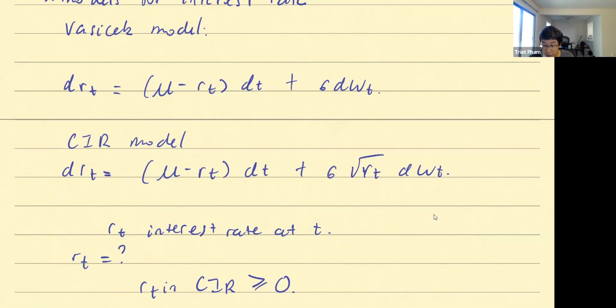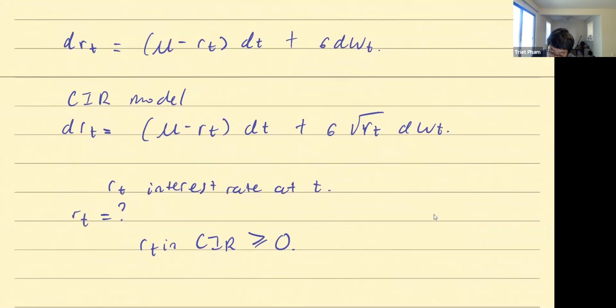So that's not even true in real life, but mostly true maybe. But also, in terms of modeling, you never know. You put down something that is guaranteed to be positive. Case in point, the interest rate in Vasicek can be negative.